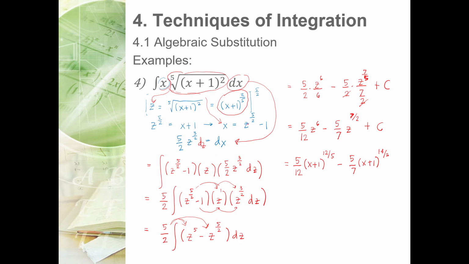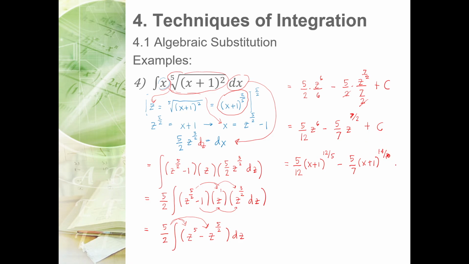Is what I did correct? Wait. This one is 5 also. 7 halves, and then 7 halves, and then times. So this would be 14 over 10 also. Okay, it's 7 halves.